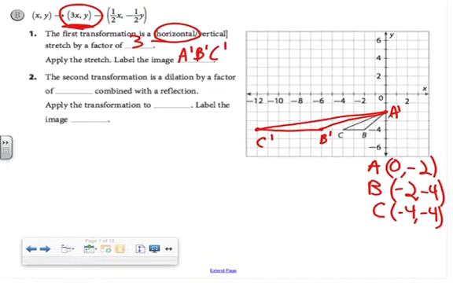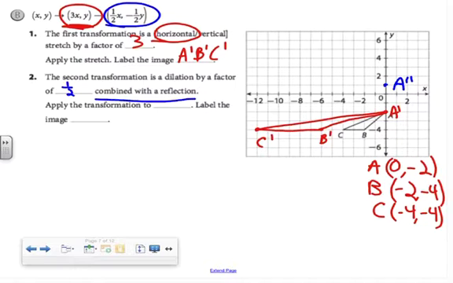Second transformation is a dilation by a factor of, notice, I'm multiplying the x coordinate and the y coordinate by 1/2, but since it's combined with a reflection, that's why you notice that the y coordinate is also changing signs. Okay, so when I multiply A prime by 1/2 and then I flip the y coordinate over, I get 0, 1. So here's A double prime.